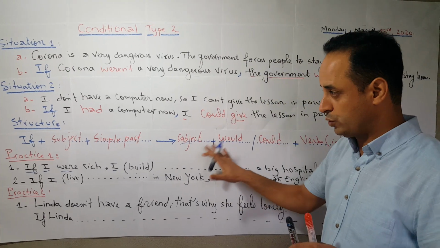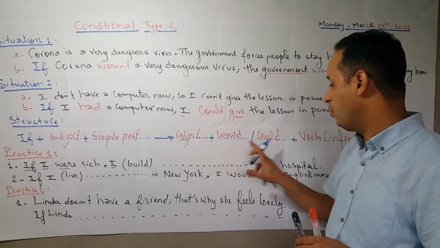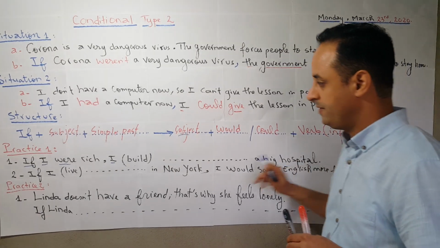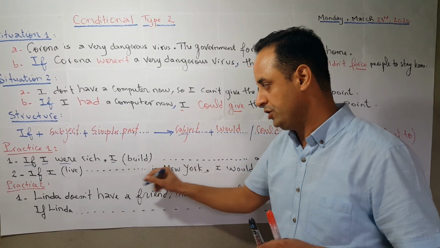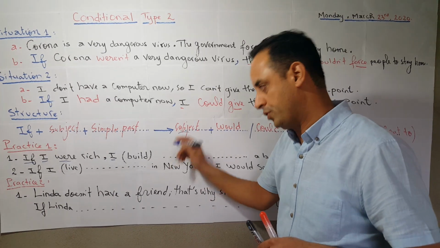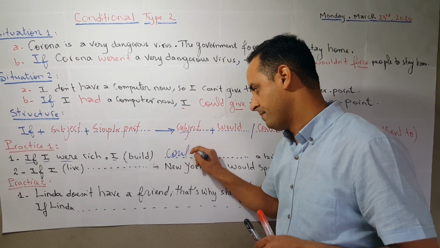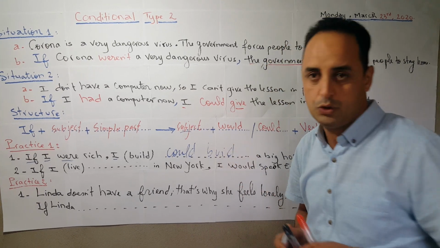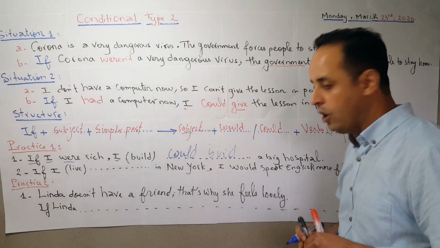Then the structure says you need to use "would" or "could," one of them, and then the verb should be in the infinitive form. So "if I were rich, I would or could," plus the verb in the infinitive, "build," "I could build a big hospital."